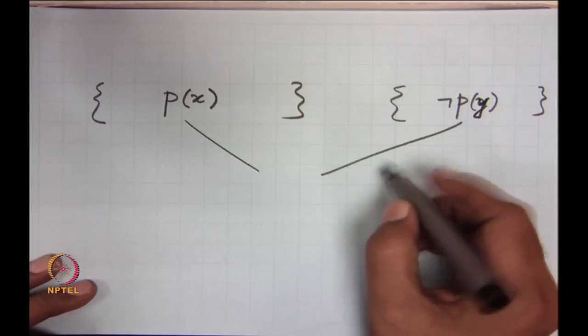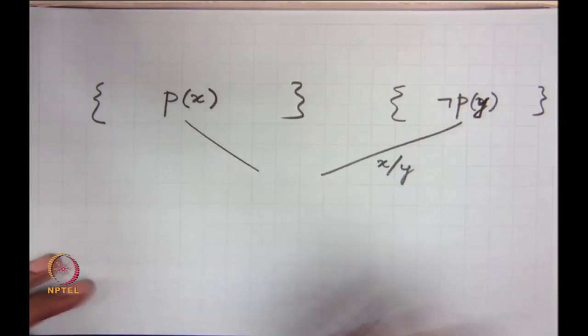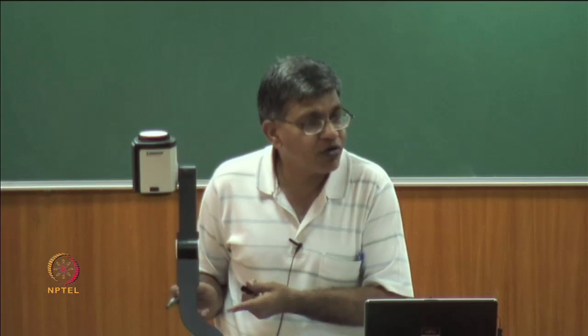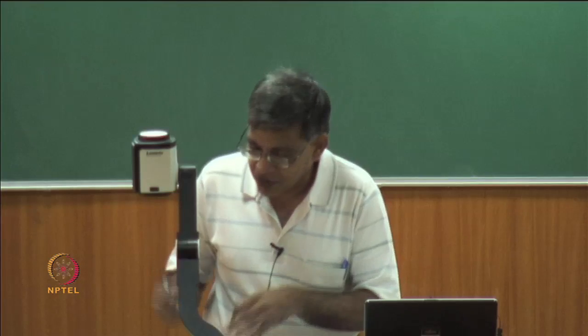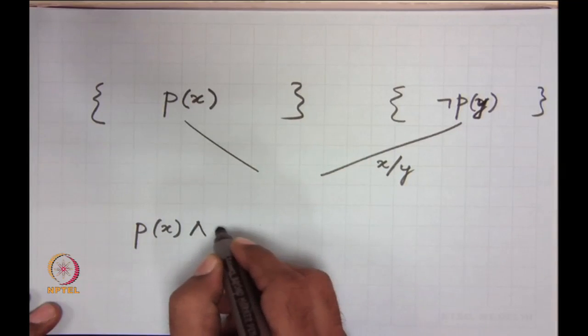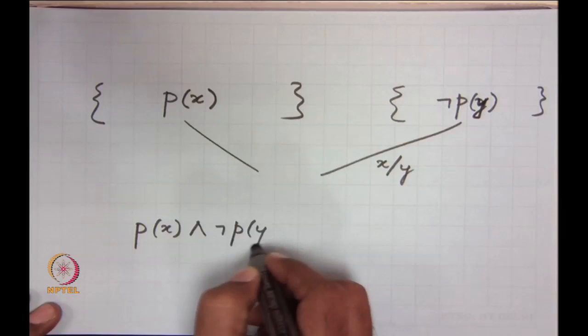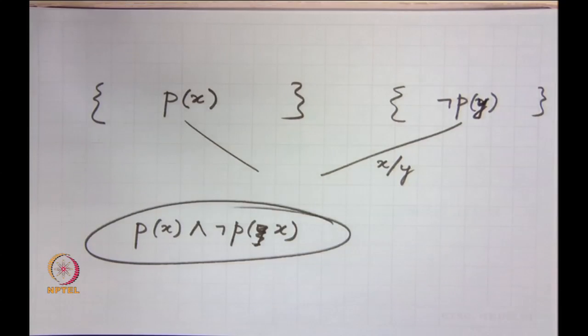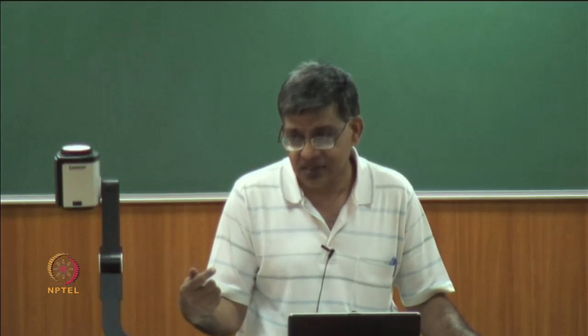So maybe I decide to replace y by x, then I get a complementary pair, but this complementary pair is not ground. All I am saying is that this is always a complementary pair, whatever substitutions you make for it, right. So our MGU allows us to postpone that decision till an appropriate moment.